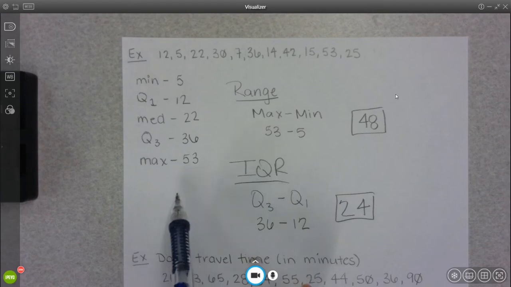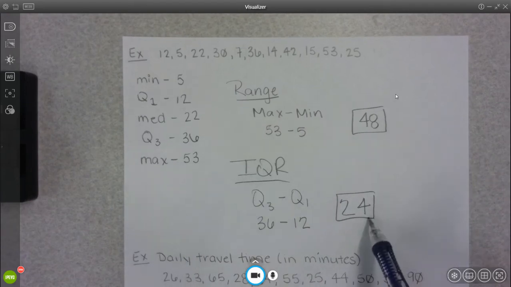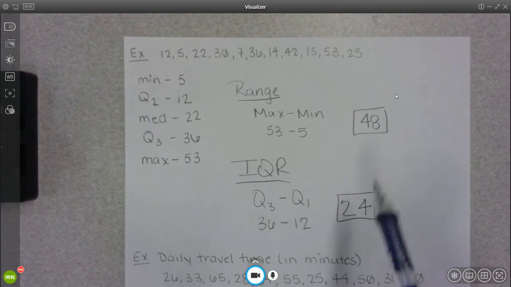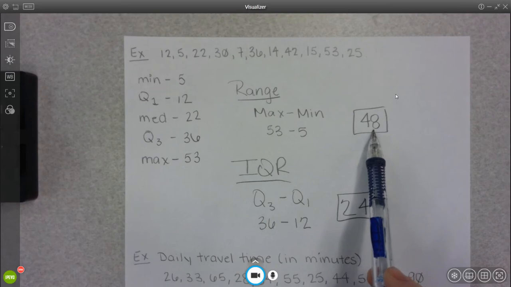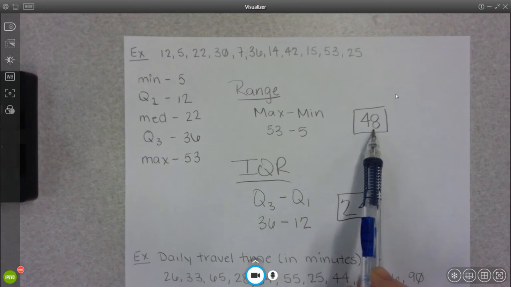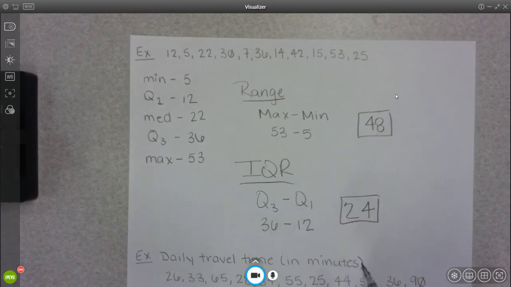This was my original. So what this value means is the box itself covers 24 units. This means the whole box plot covers 48 units. So that's my box plot information.